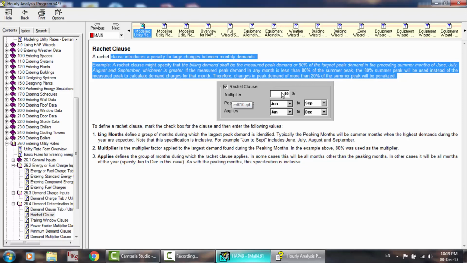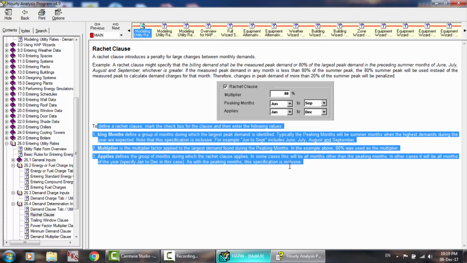So here, multiplier 80%, the peaking months June to September, and it applies from January to December. What does this mean? The peaking months define a group of months during which the largest peak demand is identified. Typically, the peaking months will be summer months, when the highest demands during the year are expected.